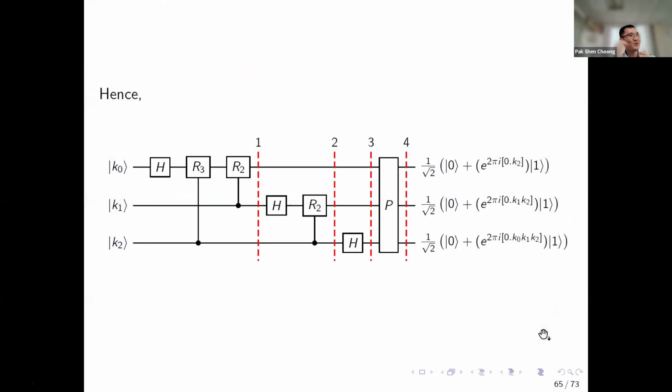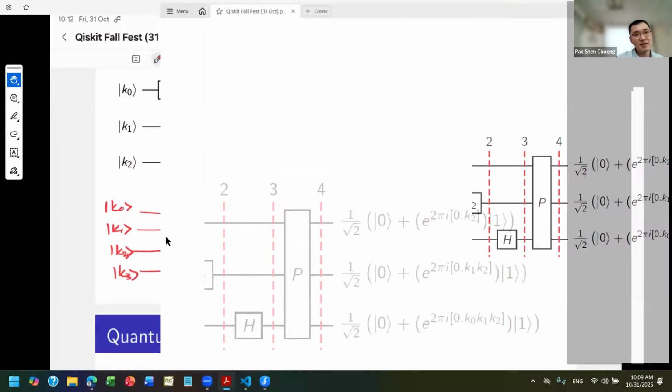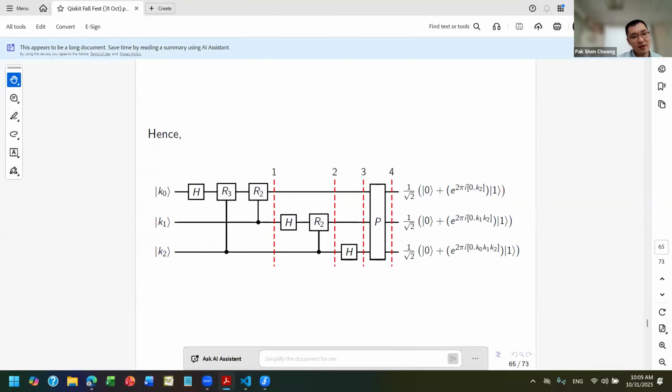So is this okay so far? Like, do you guys understand how this works? So if let's say I add one more qubit, so what will the circuit look like? So let's say I add one more qubit.